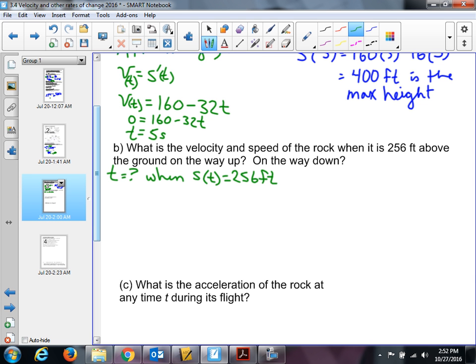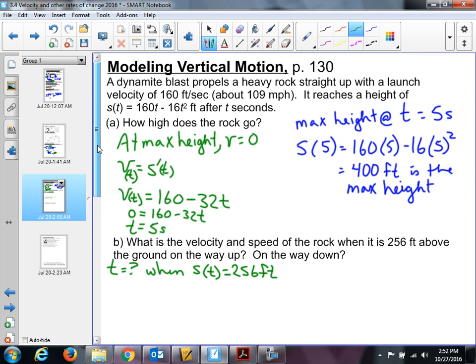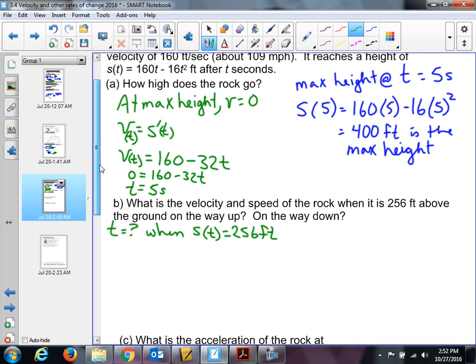So, we got a function for this, right? 160t minus 16t squared. So we know that 256 is the s value. I'm going to drop the units while I solve this. 256 equals 160t minus 16t squared. Y'all dig that?